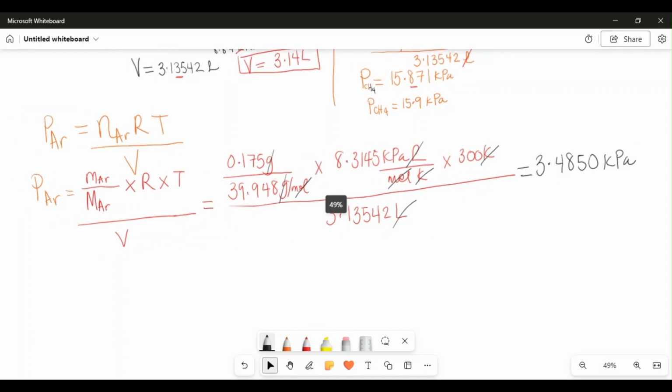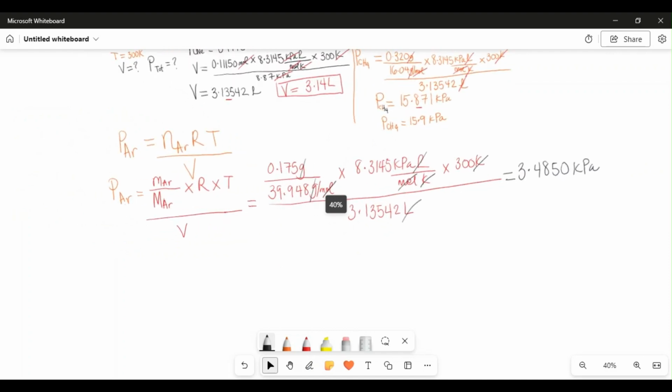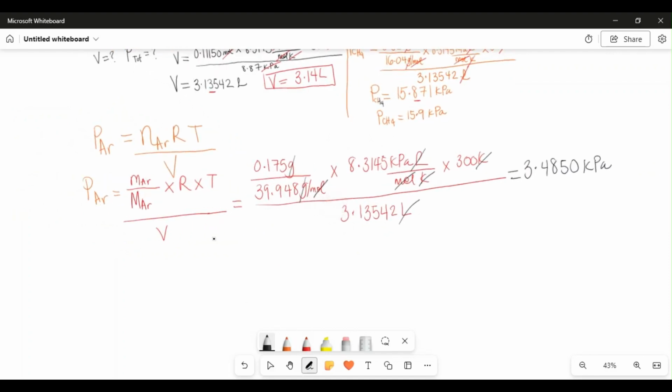Now the total pressure is going to be the pressure of argon plus the pressure of methane, CH4, plus the pressure of our beloved neon. When we add all of this up, we get the total pressure.